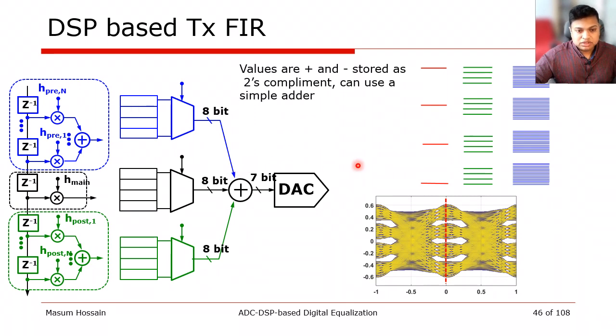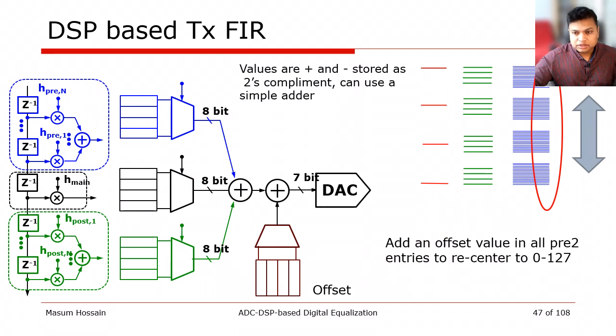Therefore, using this 7-bit DAC, we can have an arbitrary number of precursor taps and post cursor taps and create this pre-distorted I. The only limitation here is the 7-bit value number, which means that these blue elements can at maximum be only 128. In addition to that, we can also shift it around, move it up or down depending on the common mode that is needed by the application.